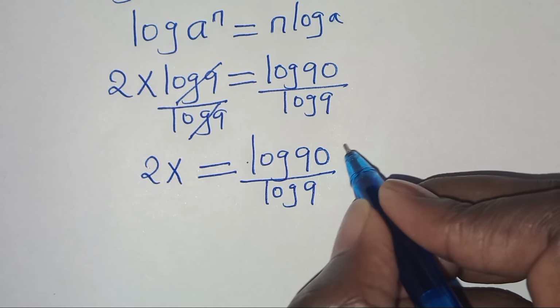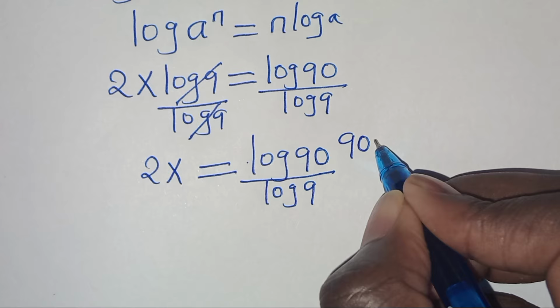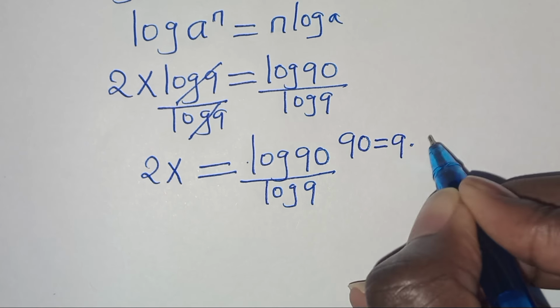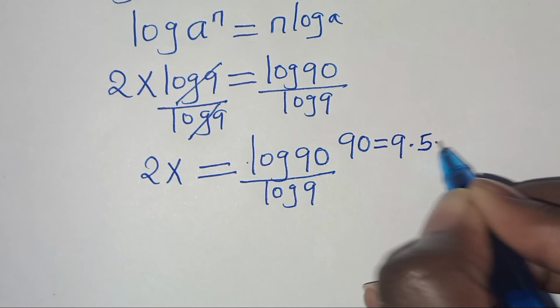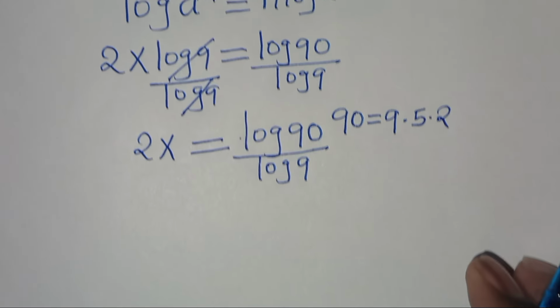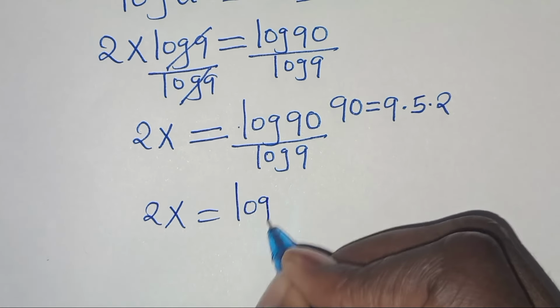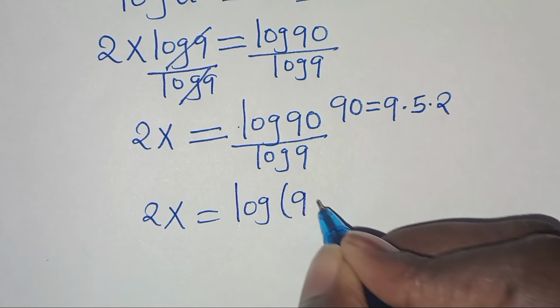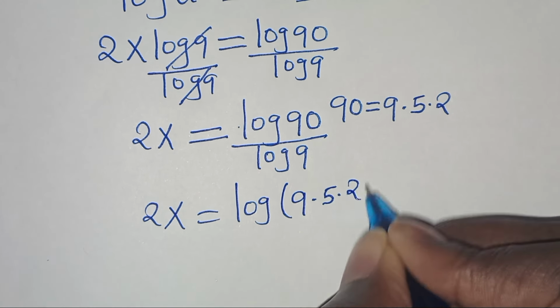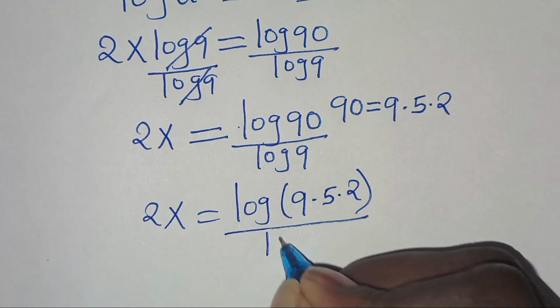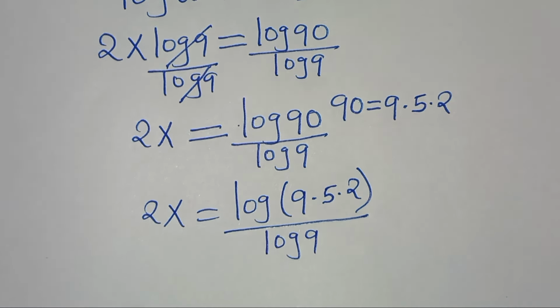So we can express 90 as 9 multiplied by 5 multiplied by 2. And this means that 2x is equal to log of 9 multiplied by 5 multiplied by 2, everything here divided by log 9.